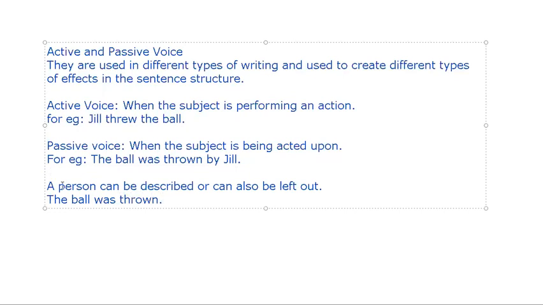Whereas in this sentence, the ball was thrown, I haven't included the person Jill. So the person is not being described in this sentence. Earlier, in the sentence the ball was thrown by Jill, we have the person described here. The person being Jill. Whereas in the next sentence, the ball was thrown, the person has been left out. So this is also a passive voice.